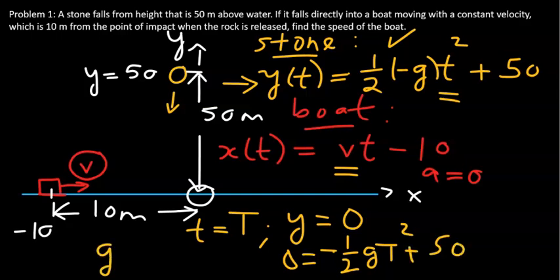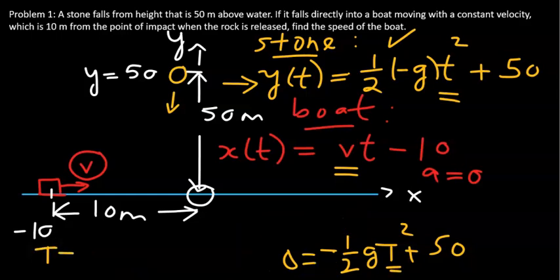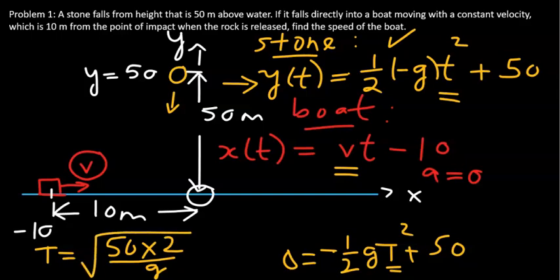Note that g is 9.81 meters per second squared. So let's substitute in the value of g into that equation and we can figure out the capital T. And you'll get capital T equals the square root of 50 times 2 over gravity, which will give you 3.19 seconds.